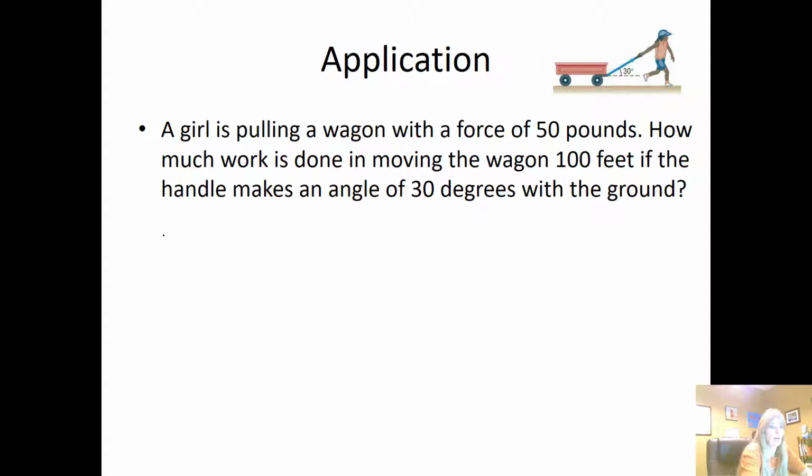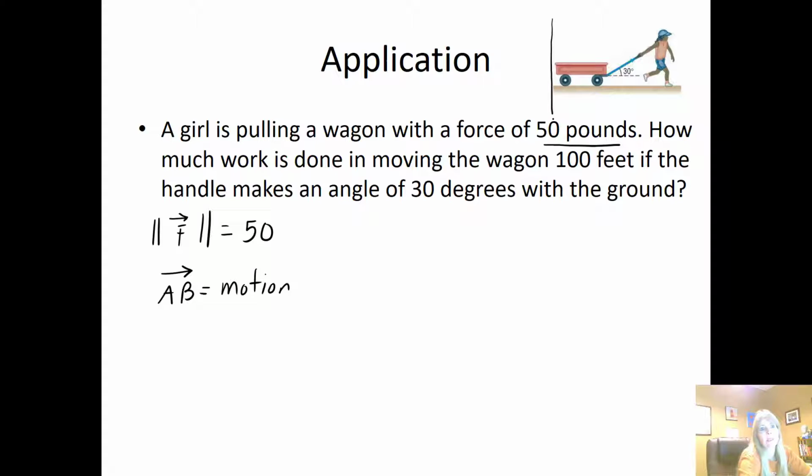So I know the magnitude of my force vector is 50 pounds, because it told me that right there. And AB would be the motion. If I put this on an XY axis, notice it said moving the wagon 100 feet.